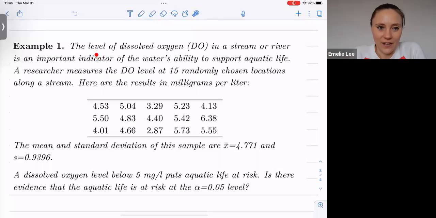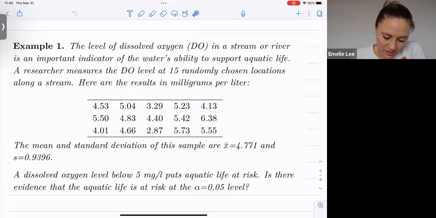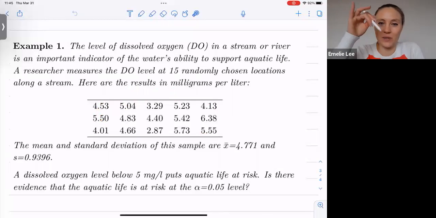So the level of dissolved oxygen, DO, in a stream or river is an important indicator of the water's ability to support aquatic life. Sounds important. A researcher measures the dissolved oxygen level at 15 randomly chosen locations along a stream. And so here are the results in milligrams per liter, right? So we've got 15 measurements at randomly selected points in the stream.